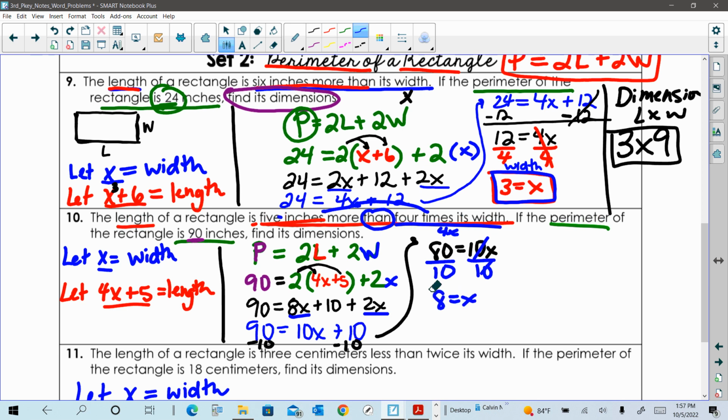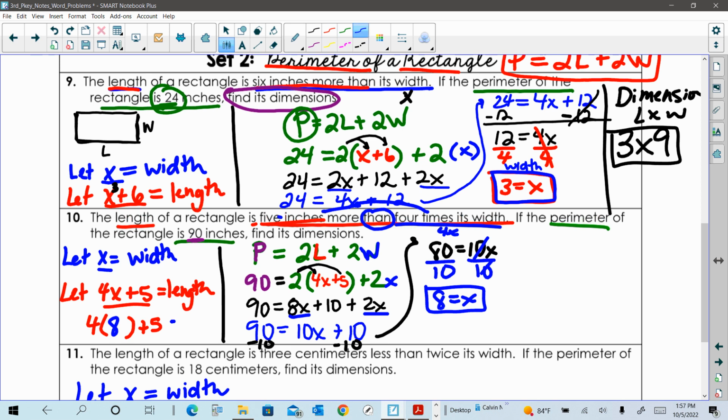So now that I know this is my width, to get to my length, I'm going to plug it back in for x. So this would be 4 parentheses, and instead of x, we're going to now make an 8 there, then plus 5. So this gets simplified as 32 plus 5, which comes out to be 37.